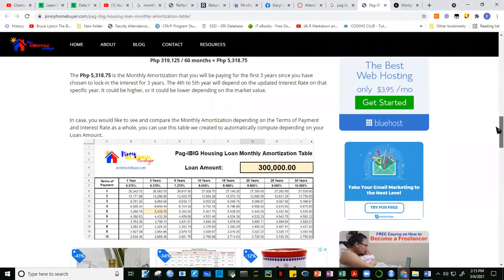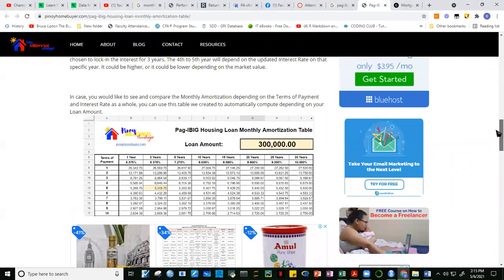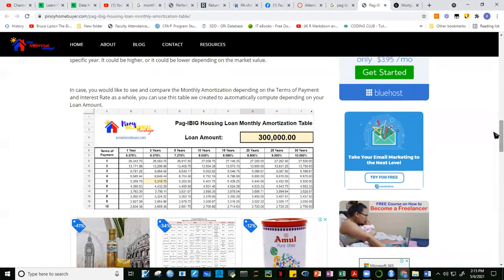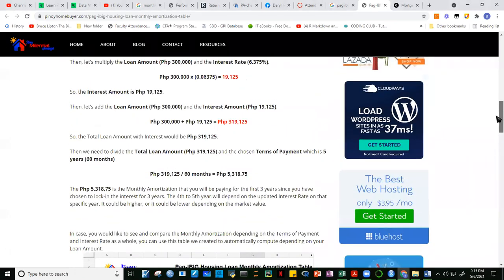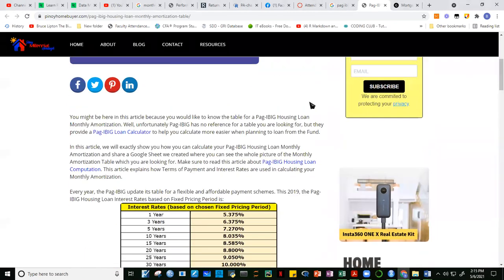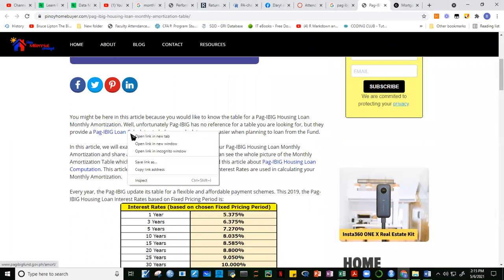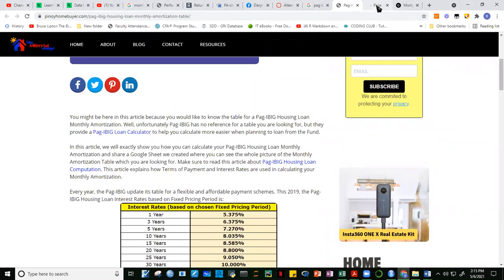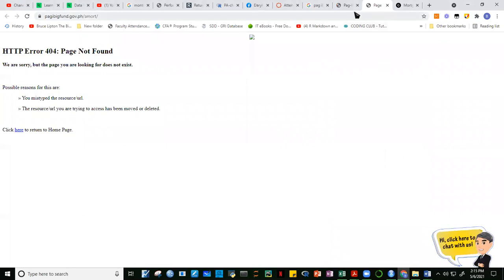Okay, so suppose we borrow. Terms of payment, 5 years. The loan amount here is only 300,000. So let's look for their calculator.